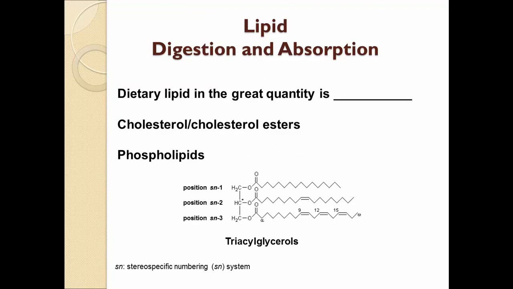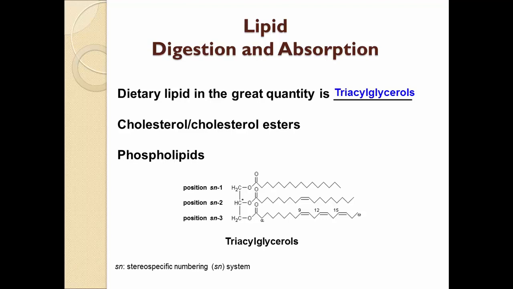Now let's talk about lipid digestion and absorption. What are the most abundant lipids present in our food, in the diet? Do you guys know what the most abundant lipids in the diet are? Triglyceride, right?